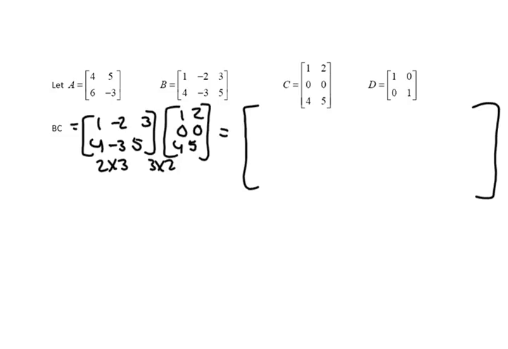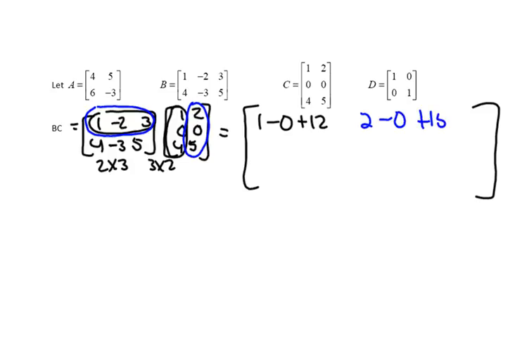Okay, so now we'll do the first row with the first column. Now I'm going to do the first row with the second column. So now I'm going to go to the second row and the first column.